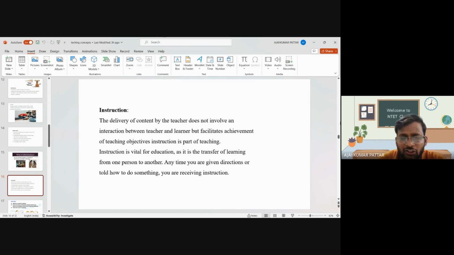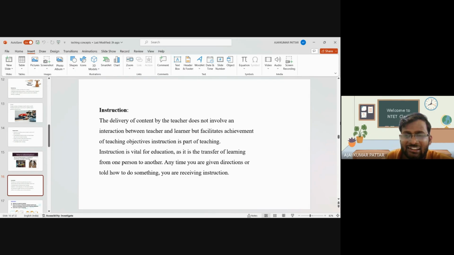Here interaction will not happen, the student will not ask, but the ultimate goal is achieved, and the teacher is merely instructing the students. Go first multiply by this number, next divide by this number. The student follows those steps and ultimately gets the answer. This is instruction.